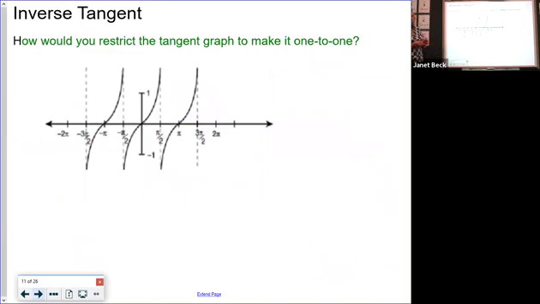So here's the graph of a tangent. How would you restrict this graph to make it 1 to 1? Well, you could go from 0 to pi over 2 and then use that bit, but why? That's crazy. No, we don't do that. Why not just use all of this one arc? This is the convention. We go from negative pi over 2. There's an asymptote. It's excluded.